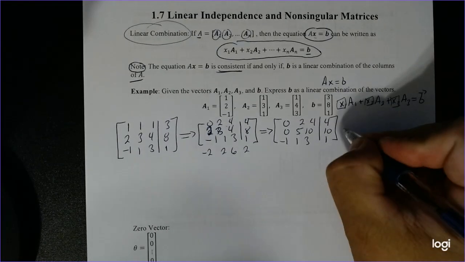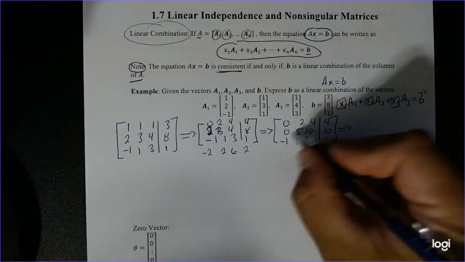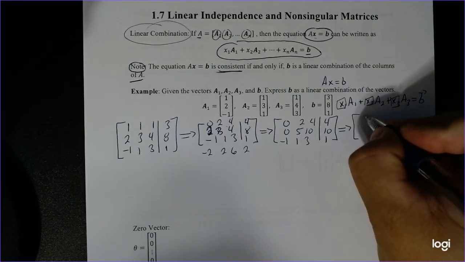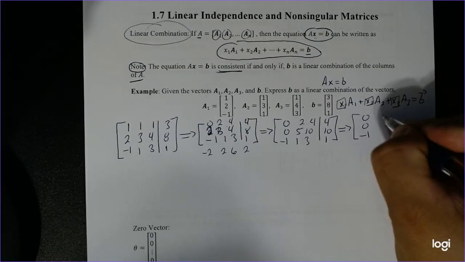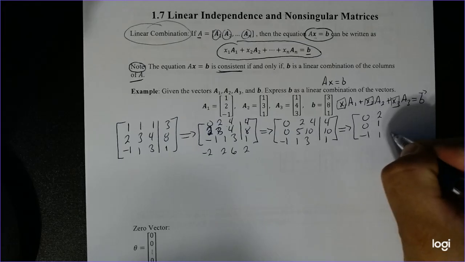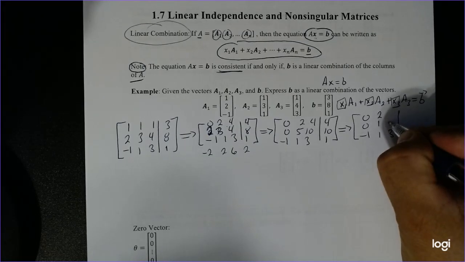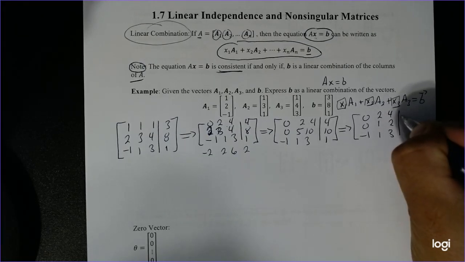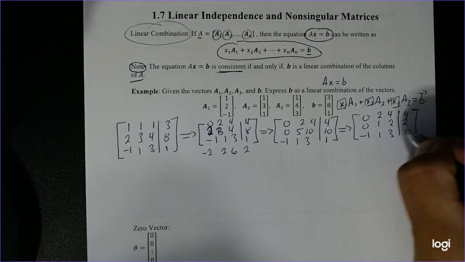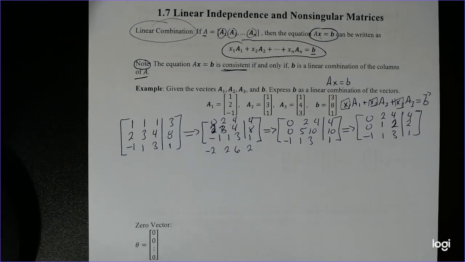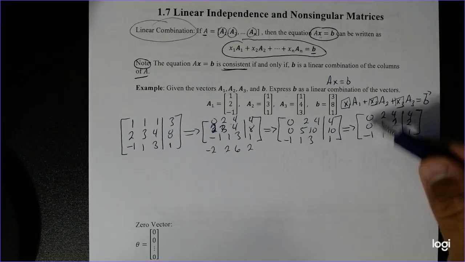All right, so to make life a little easier, I'll divide this by 5. So it looks kind of manageable now. Okay, so one row pretty much down.